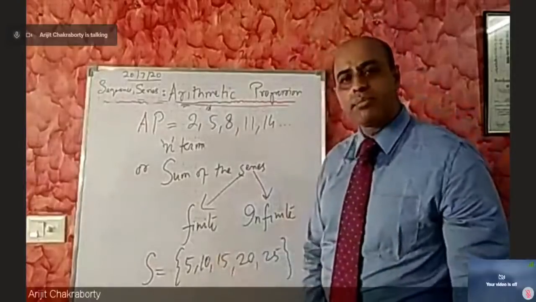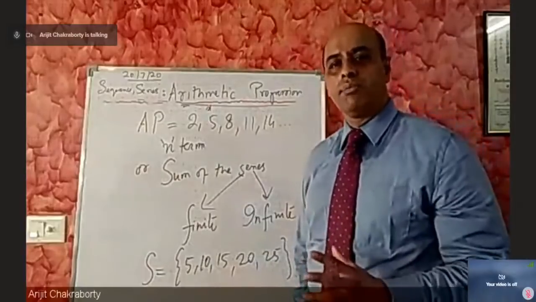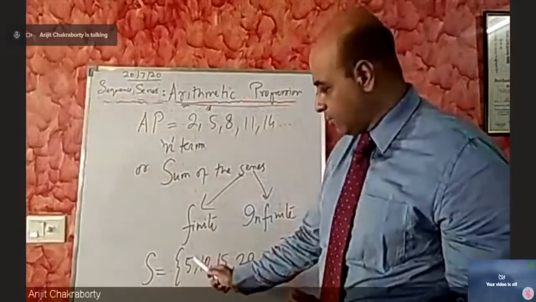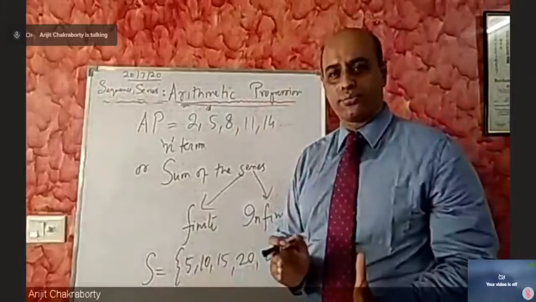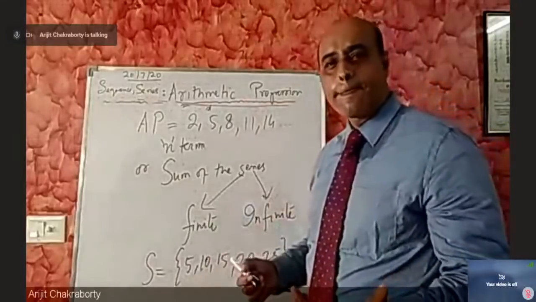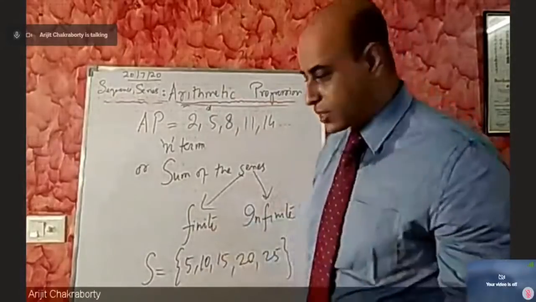The first term is 5 and the difference between every two terms is also 5. So the first term is 5 and it increases. The common difference is also 5. And there are 5 terms. Fine. This is a finite series. Example of a finite series.